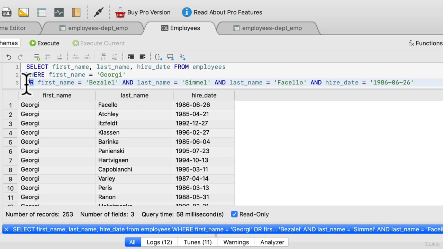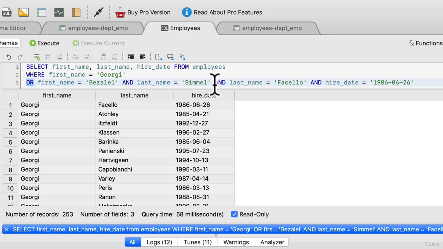And when it sees an OR, it's going to start checking a completely different thing. So when it does first name equals Georgie, it's only going to look for the Georgies. And then when OR comes along, it's going to say, okay, well, now I need to start looking for other things. So I'm going to do first name and it's going to chain all of those ands together.